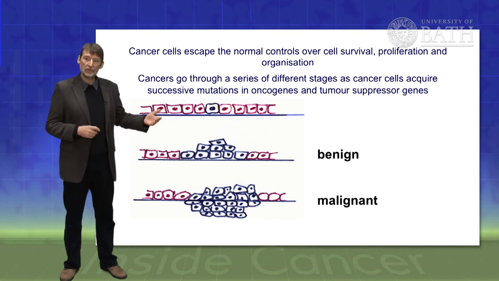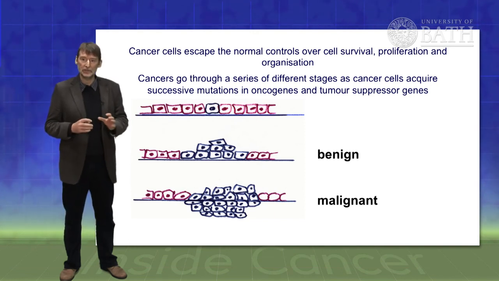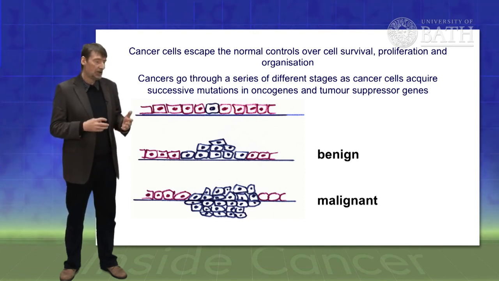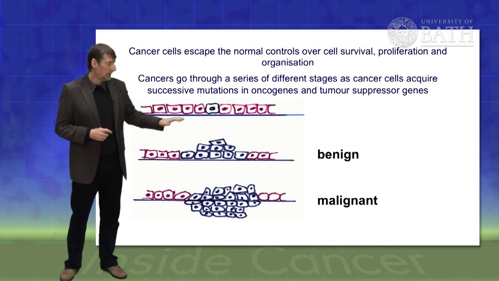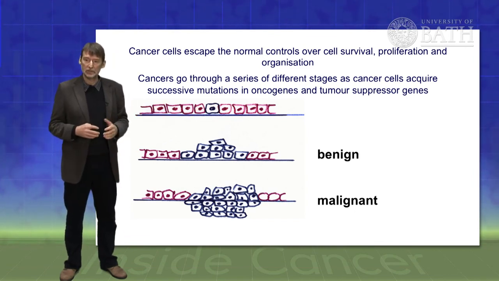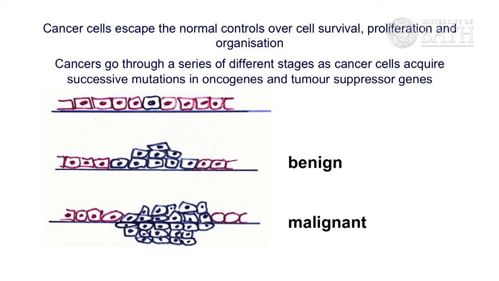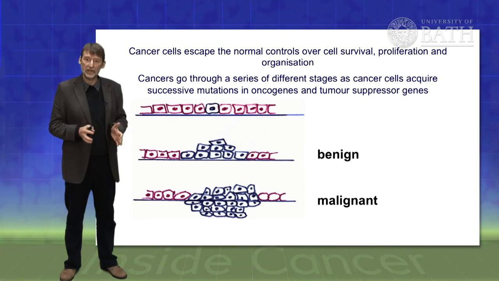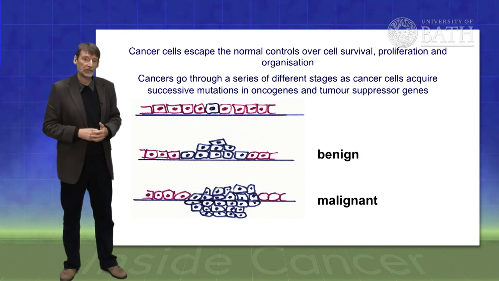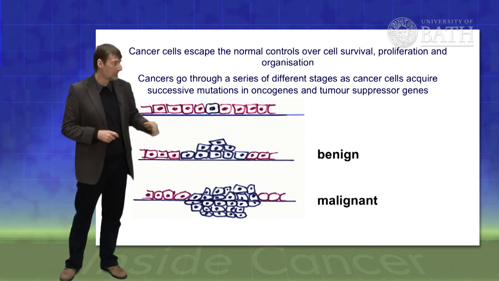The cell needs to acquire further mutations in oncogenes and tumor suppressor genes to become overgrown and will first form a characteristic benign growth. But further mutations can allow this growth, or some of the cells, to go beyond simple overgrowth, break through the boundaries of that tissue and start to invade other tissues. And at that point, the cancer becomes dangerous and malignant.